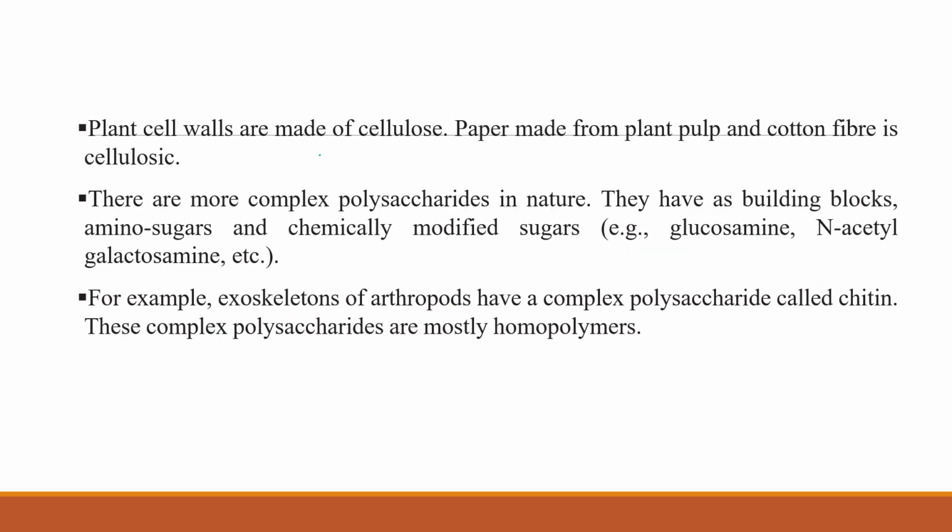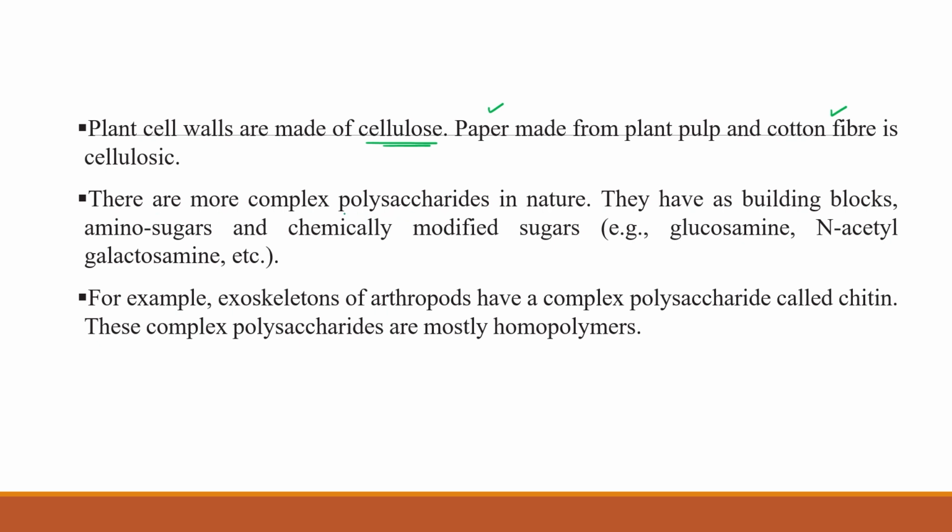Now, plant cell walls are also made up of cellulose. Certain kinds of products like paper and cotton fiber are all cellulosic, meaning these are all polysaccharide in nature. Apart from this, some modified sugars, modified amino sugars, also combine with polysaccharides and form different types of structure.